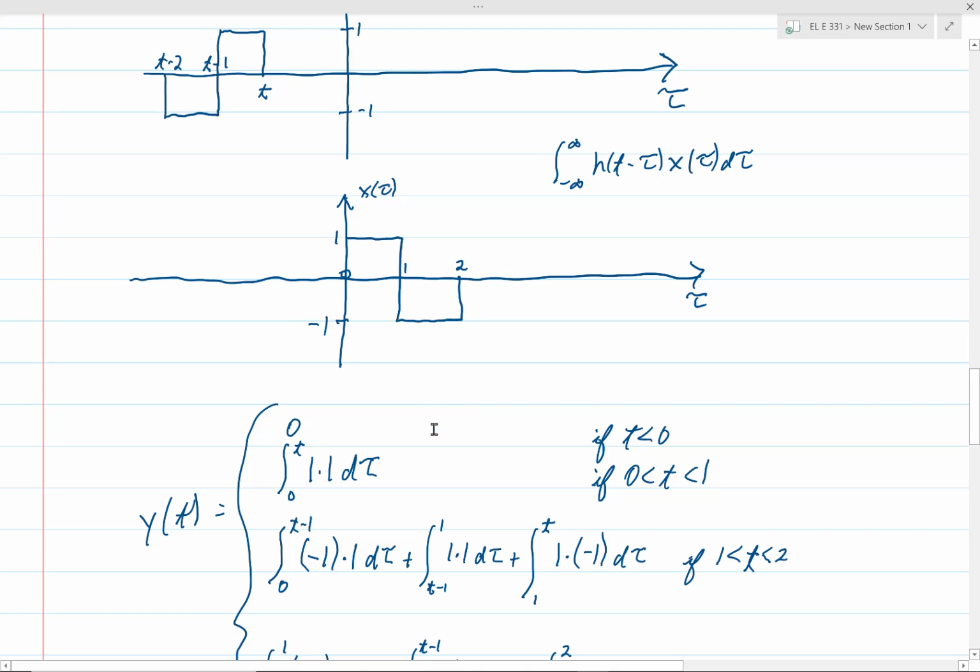And so we're going to have altogether 3 integrals to consider.